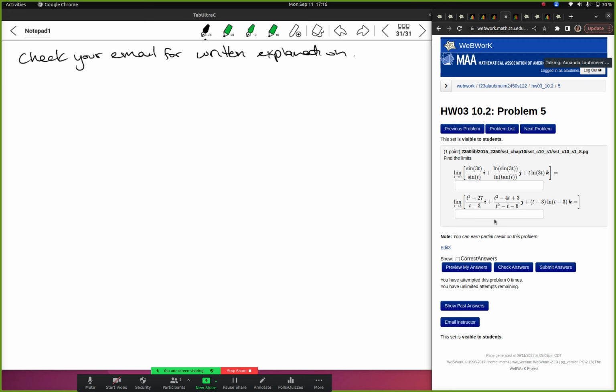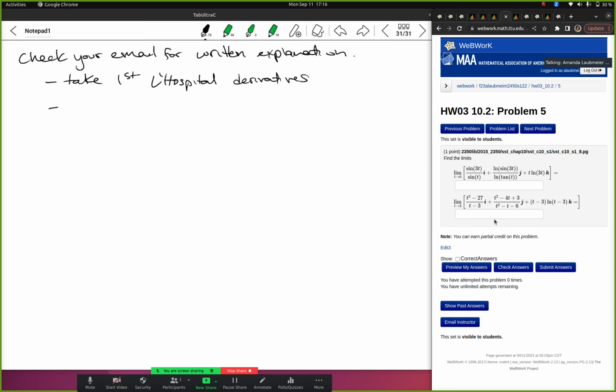Basically, we're just going to use trig rules to simplify it. So you're going to want to take a first L'Hopital's rule, and then you're going to want to use trig properties to simplify it.